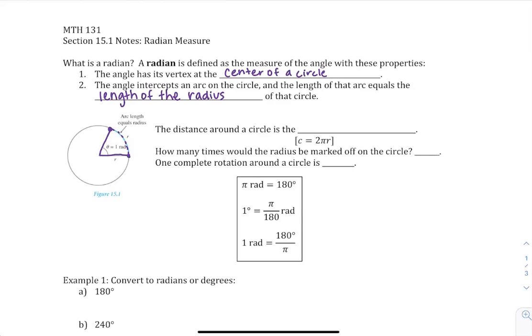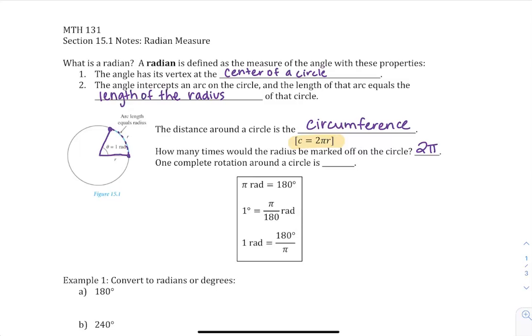So think about the distance around a circle. That's the circumference. So we talked about that earlier in this course, and we remember that the circumference is 2 times pi times r. So if we were to go around this circle with that radius length, and if we were together, I would have you do this as well. You would wrap that radius around once, and then again, and then again, and then again. If you're looking at this formula for C equals 2 pi r, you should see where we would need to go around the circle 2 pi times.